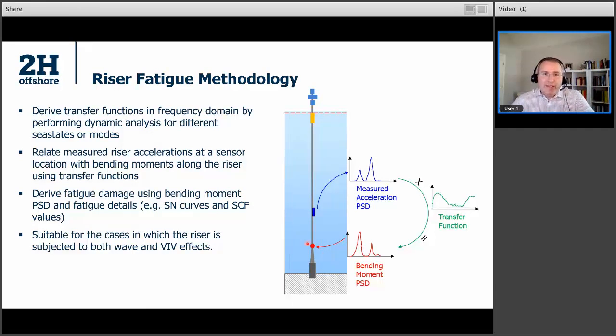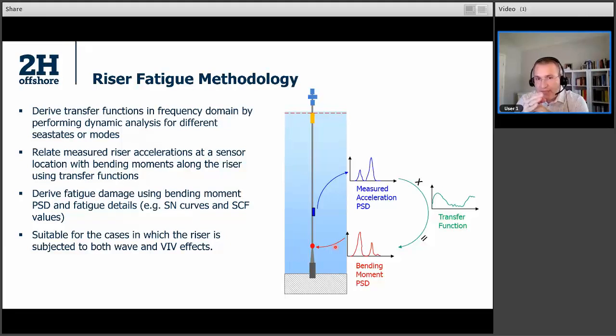So once we get the bending moment PST at the fatigue hotspot, then we can calculate fatigue using an S-N curve approach and SCF values. And this method is actually applicable to both the wave and VIV events, so you don't need to worry about that.